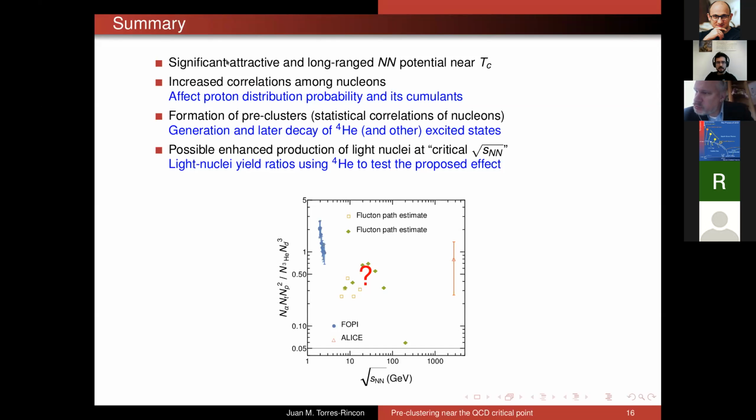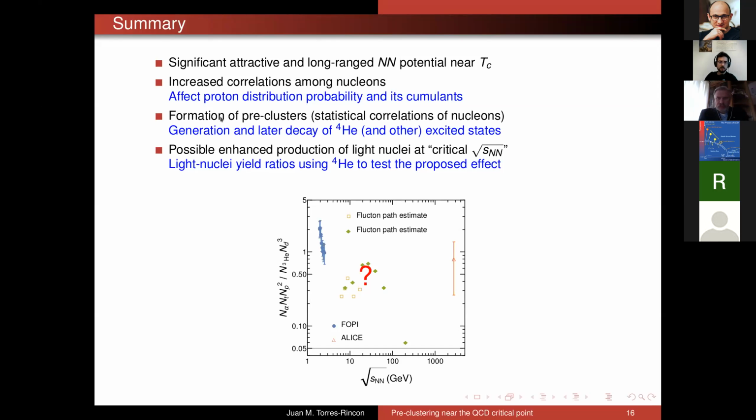This would lead to increased correlations between nucleons in general. In particular, this will affect the net proton and proton distribution probability, and this should be seen in cumulant or kurtosis measurements.